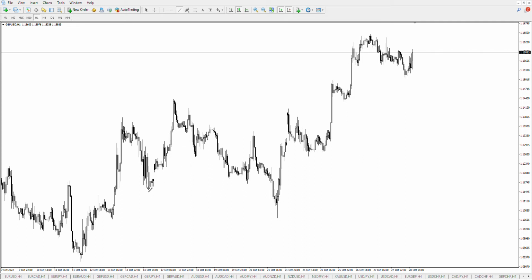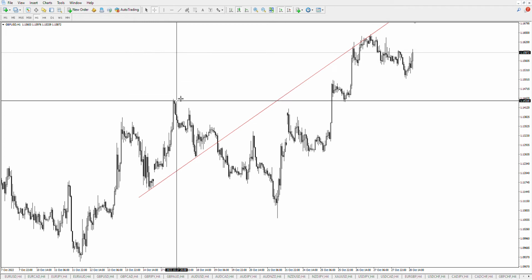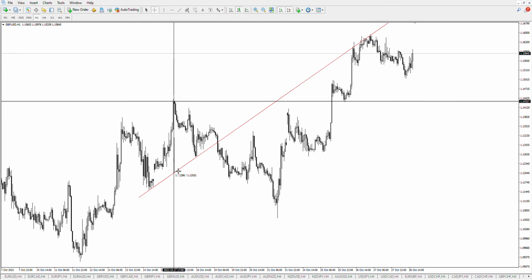Here it's pretty clear. For example, you can use two higher highs here. You connect them, you see, and then you measure from the highest close candle to the trend line. Here you have exactly 227 pips, 228 pips.